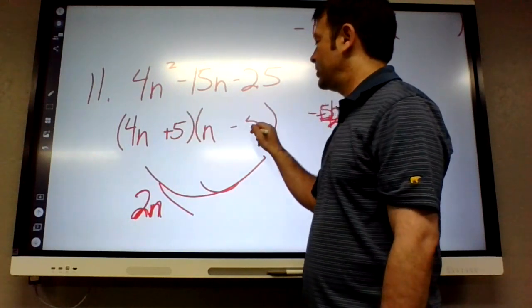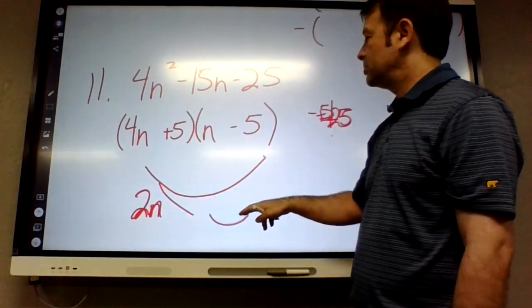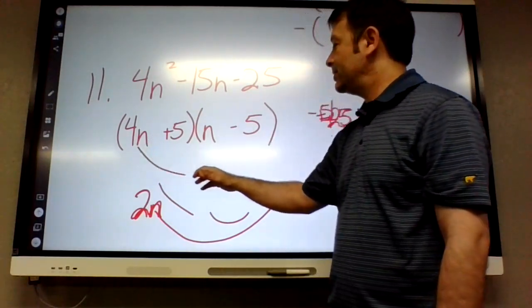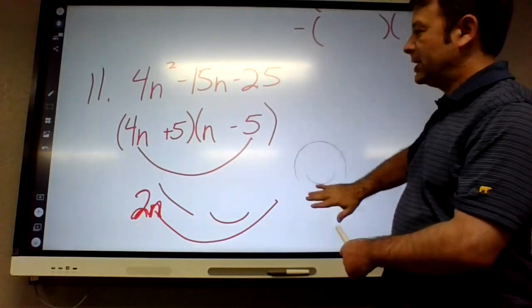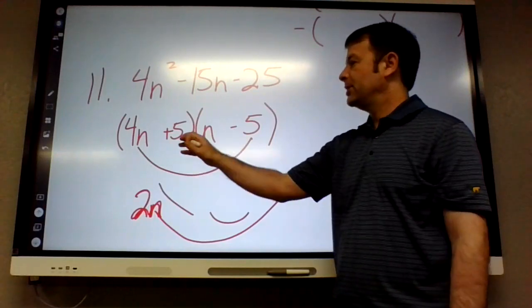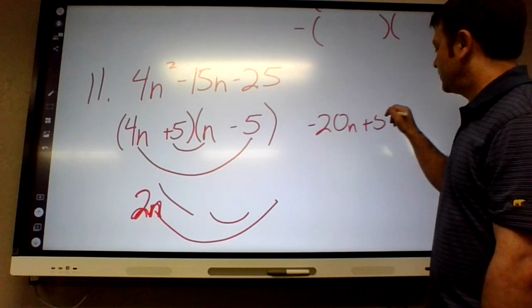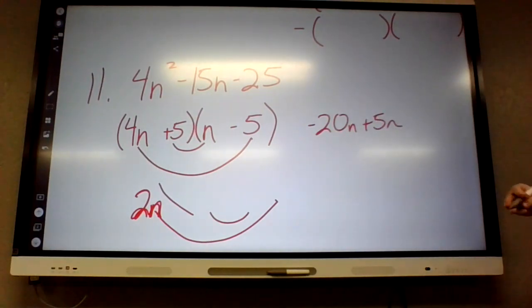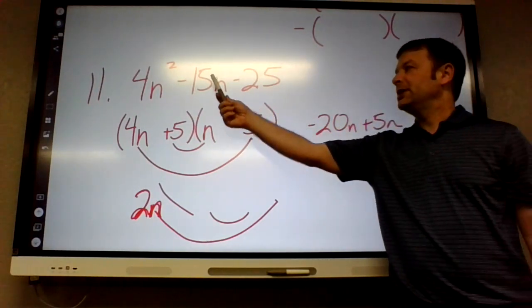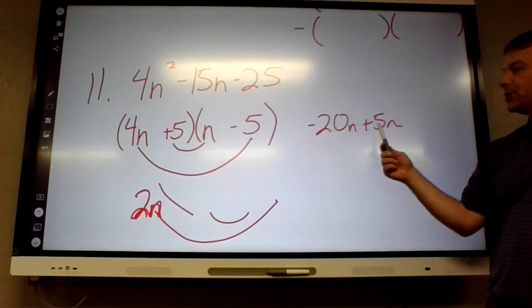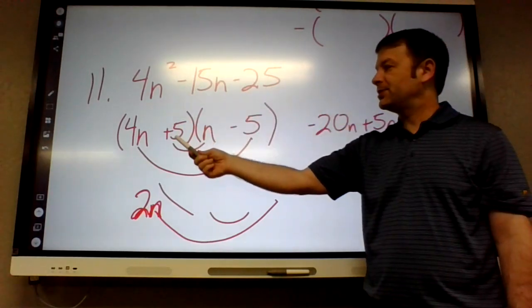One's got to be negative, right? To multiply to -25. So now my outside is -20 when I foil, and my inside is plus 5. That adds up to negative 15, right? Negative 20 plus 5 is negative 15. So this is the right answer.